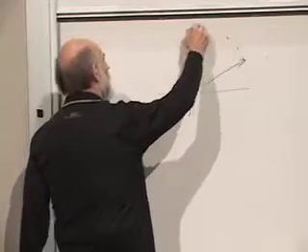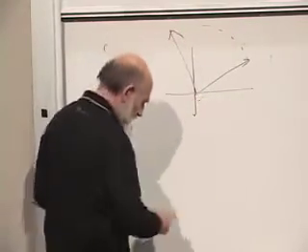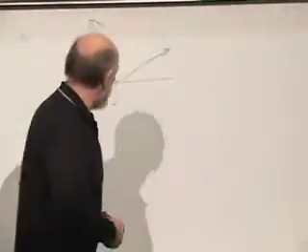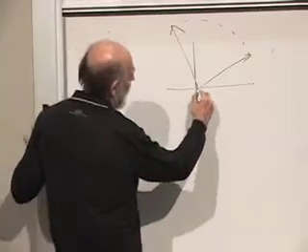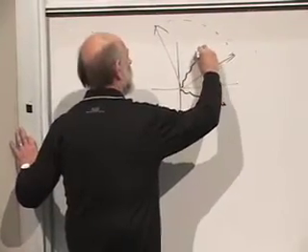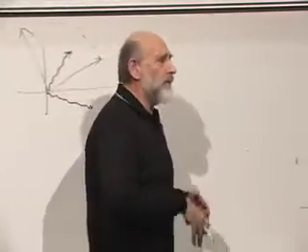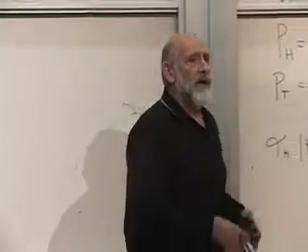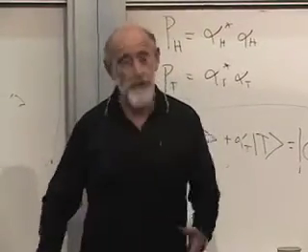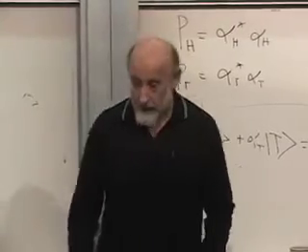That would mean that this vector would go to this vector. I wish I had some more colors. Well, the other colors don't show up very well, so I'll use wiggly lines. Wiggly line, this vector would go to this vector, and so forth. Rotation by any angle is clearly an operation that I can do on the vector space. It is also a linear operator. We'll define linear operator soon enough.